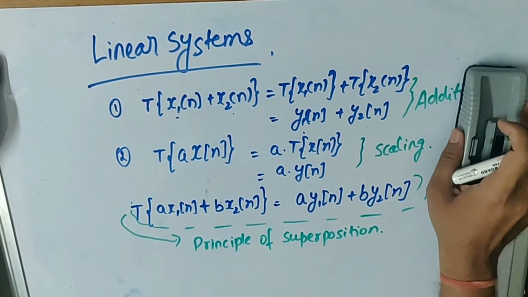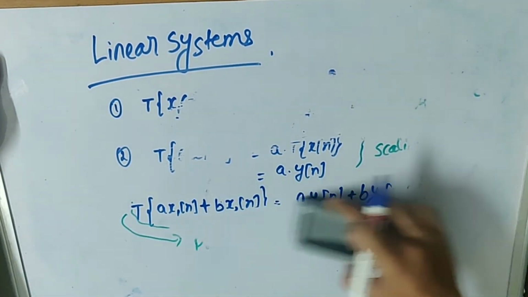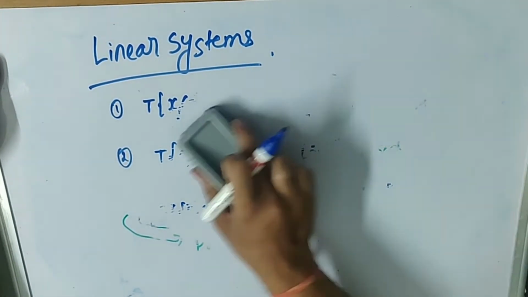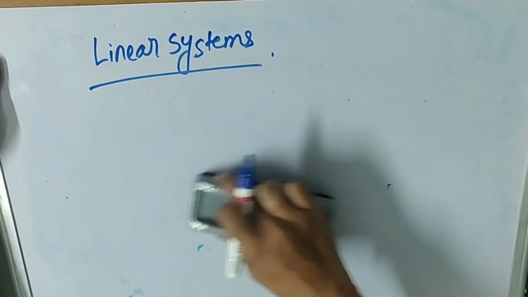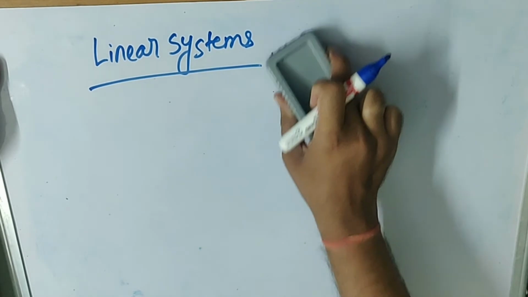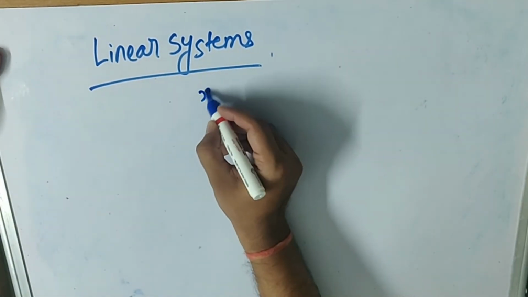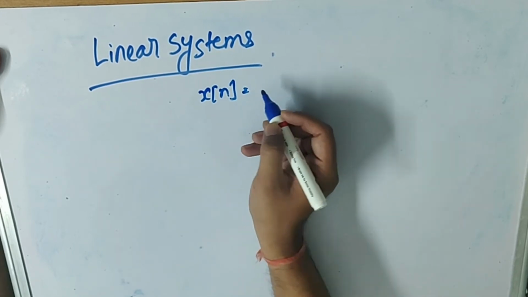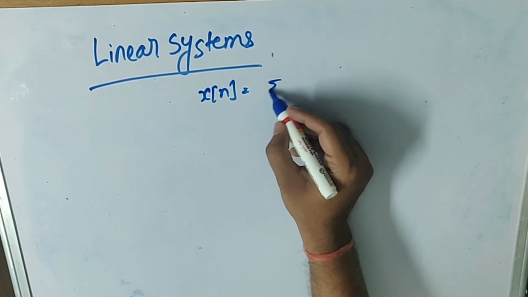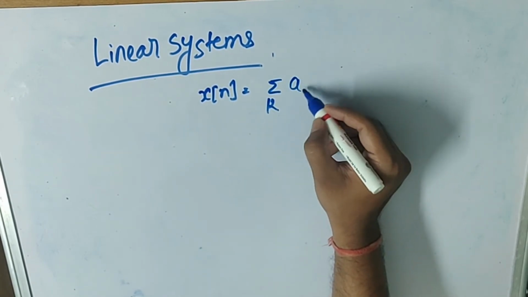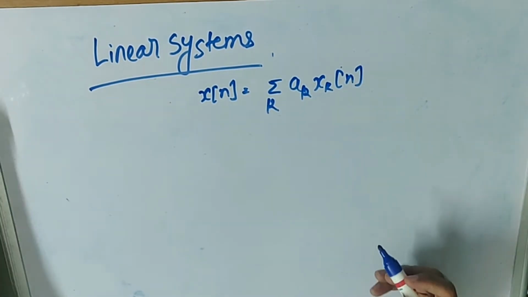Now let's do some generalization to understand more about the linear systems. Let's write x[n] as a sum of multiple sequences.